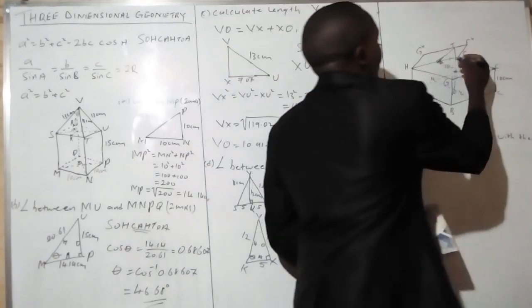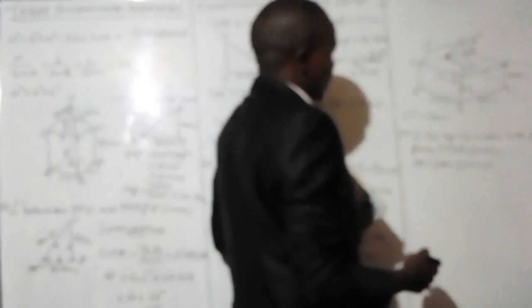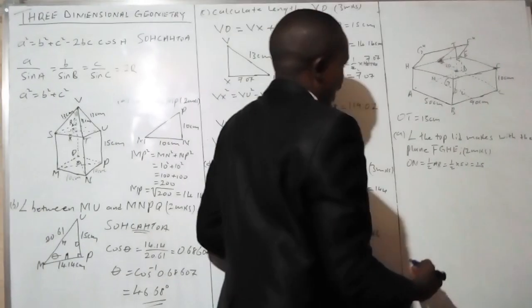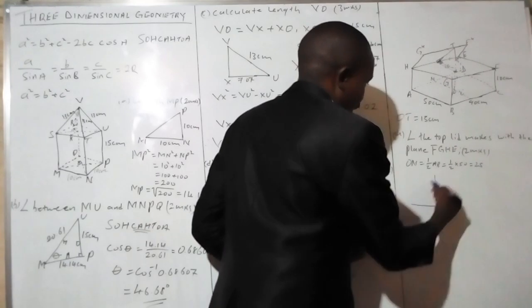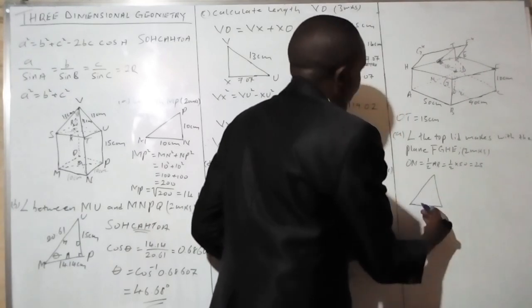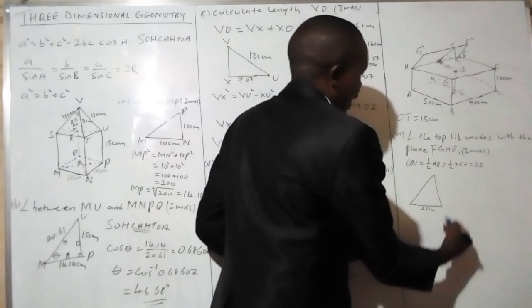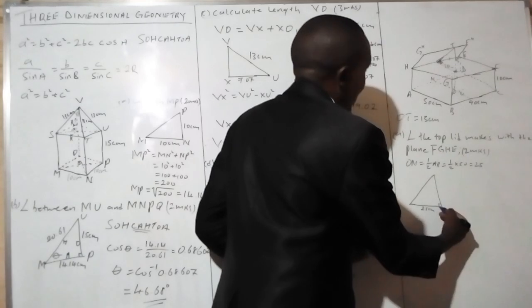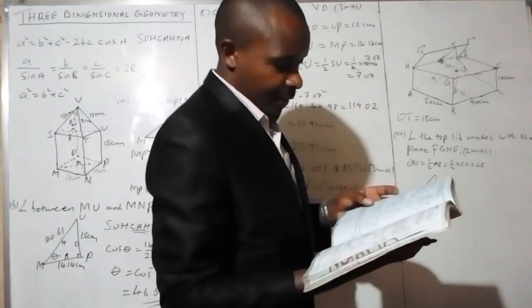We can extrapolate like this. This is how it looks, 25 centimeters. Here we are going to have angle 90. Here is 5 centimeters, like that.